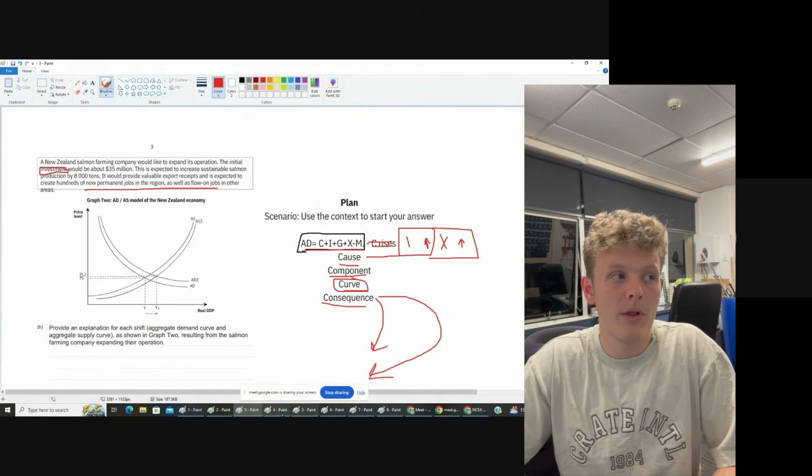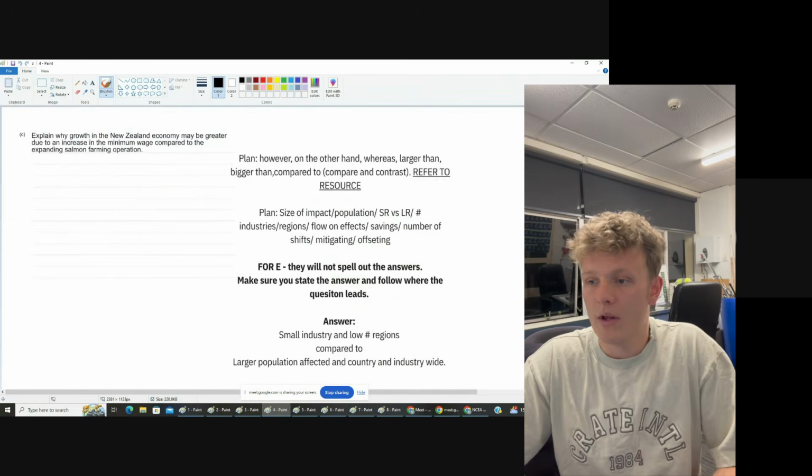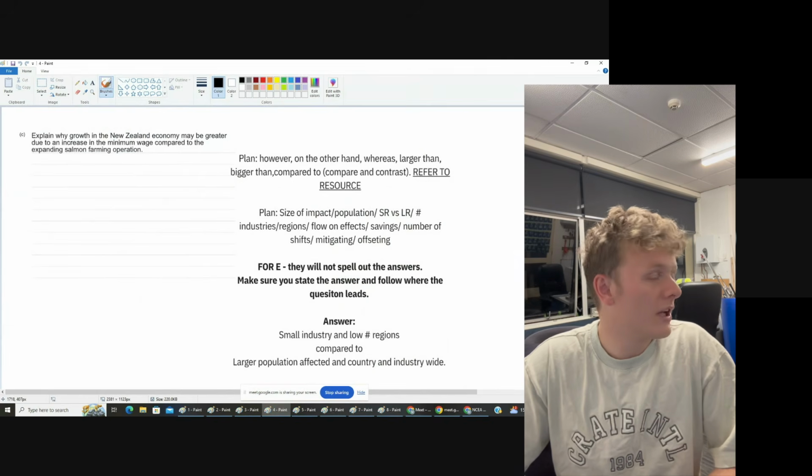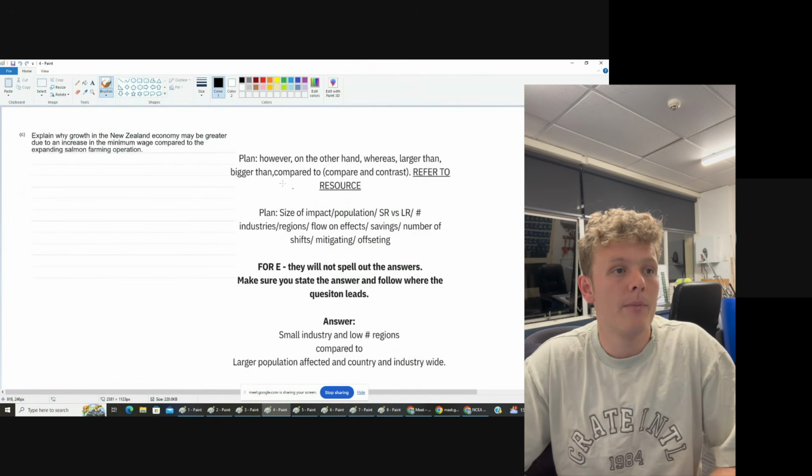Let's look at the last part of the question, the compare and contrast part. Explain why growth in the New Zealand economy may be greater due to an increase in the minimum wage compared to the expanding of the salmon farm operation. We've got to think about our plan here, which is to use these key words when we're comparing the impacts.